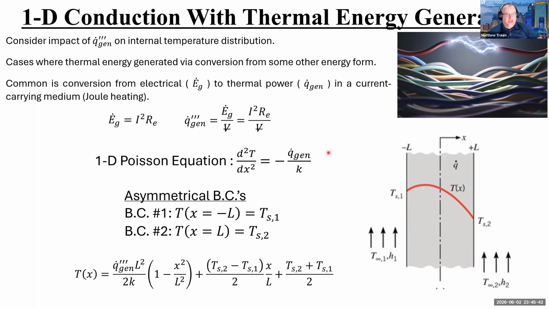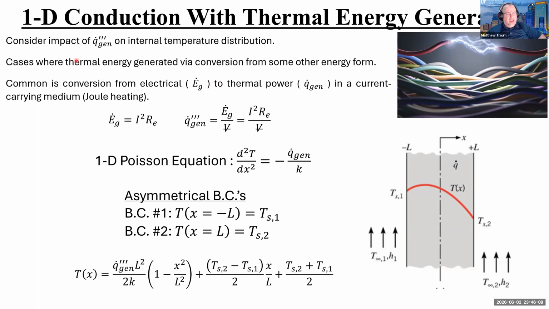You can run into a situation where the wall is generating its own heat. It's not generated spontaneously from nowhere, right? The first law of thermodynamics obviously applies here, but it's generated, for example, in a situation where you've got electricity running through a wall and you have joule heating, and so that electrical work is being converted into thermal energy.